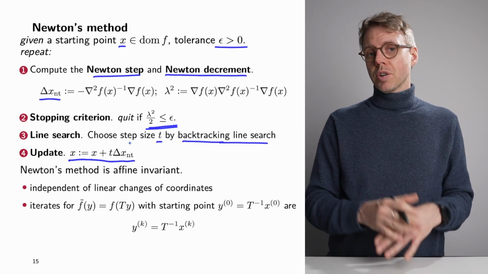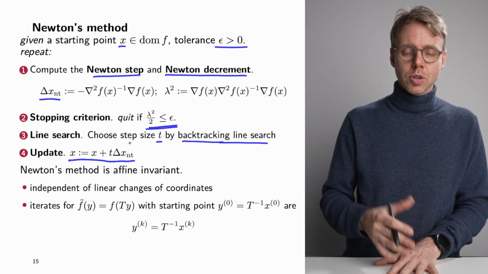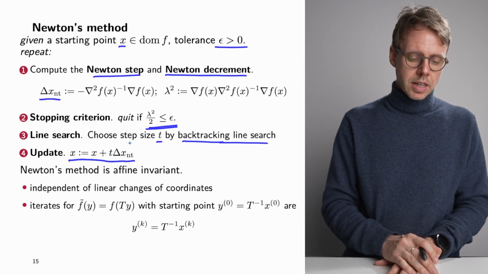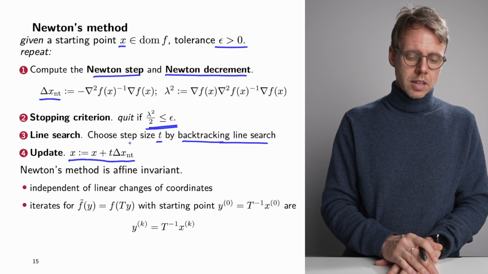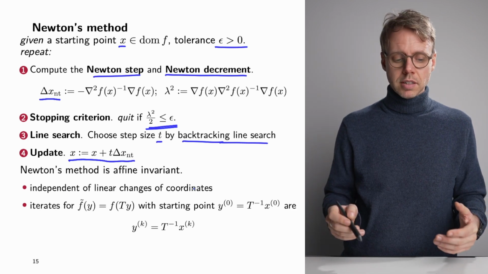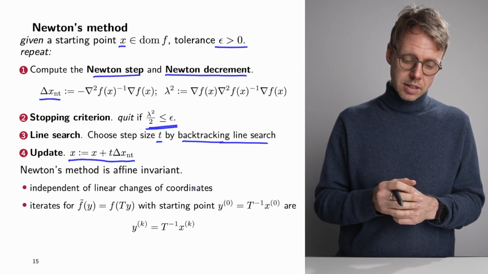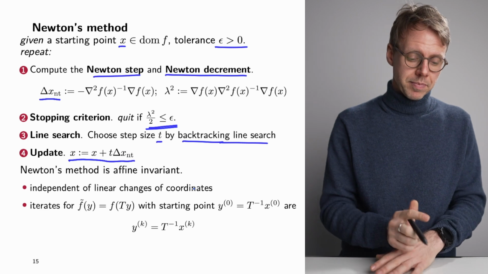A nice property of Newton's method is that it is invariant to affine transformation. That means if you perform a linear change of coordinates, you would still get the same, or equivalent, better said, steps.